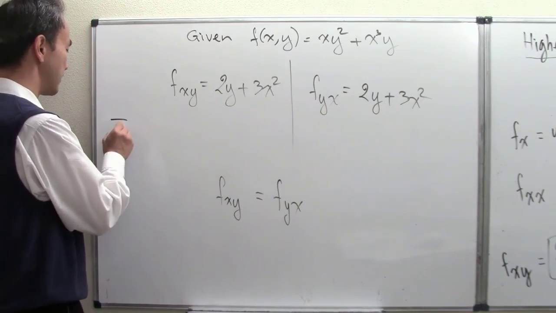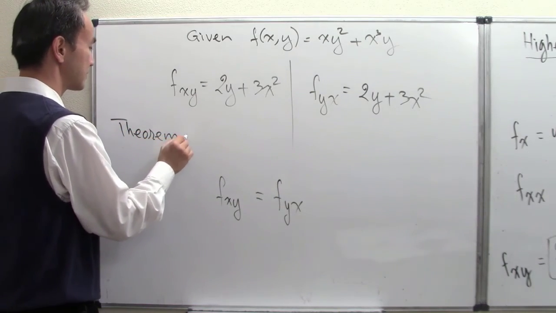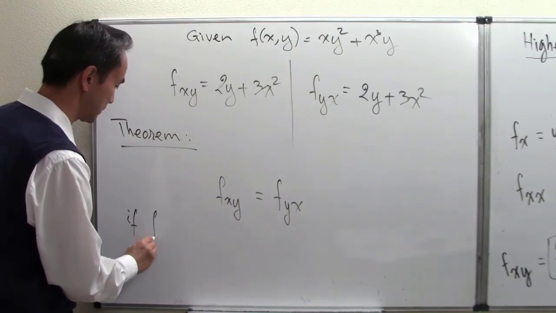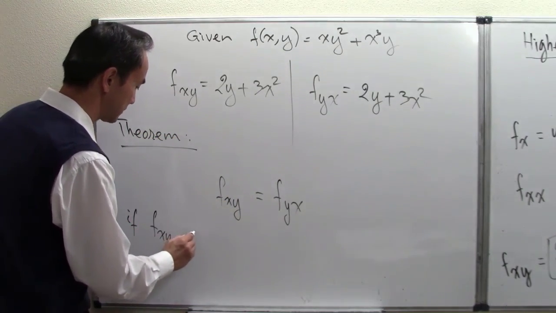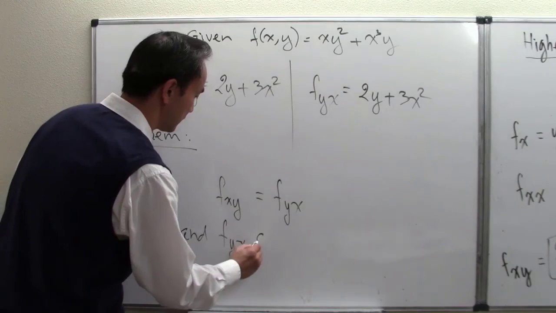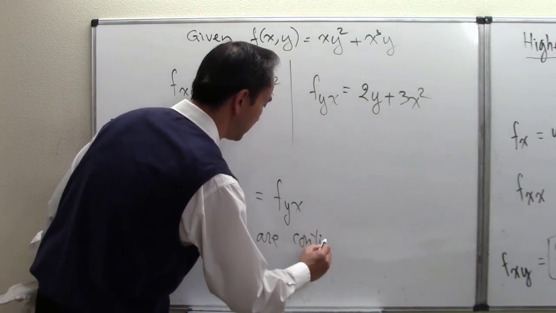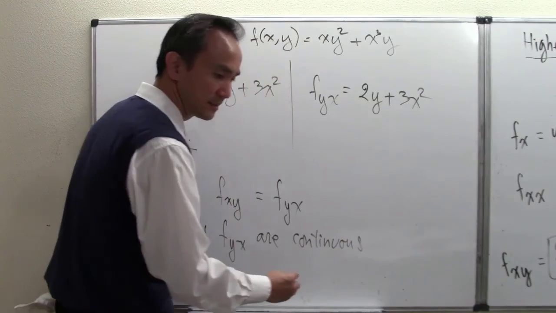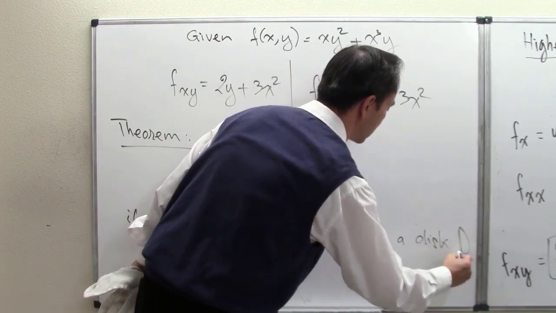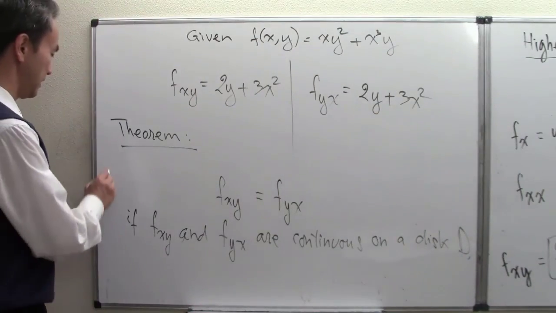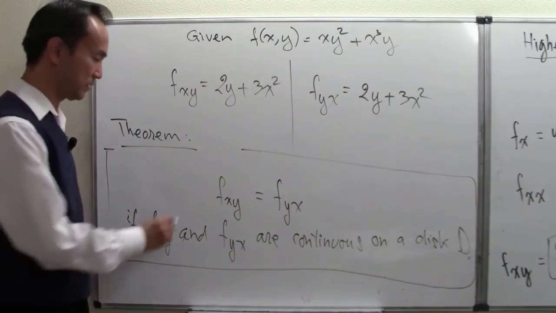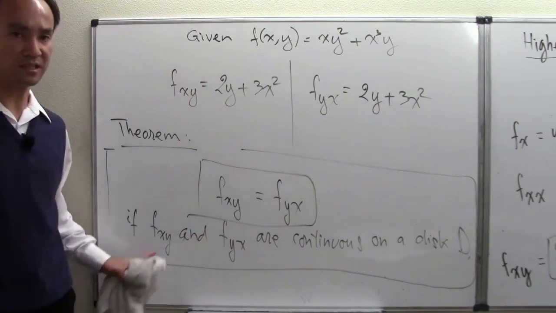So now it becomes a theorem: f_xy equals f_yx, as long as the second derivatives are continuous on some disk D. The disk D here is just some domain of our function. All right, so this is the highlighted result. It didn't even have to be that wordy.